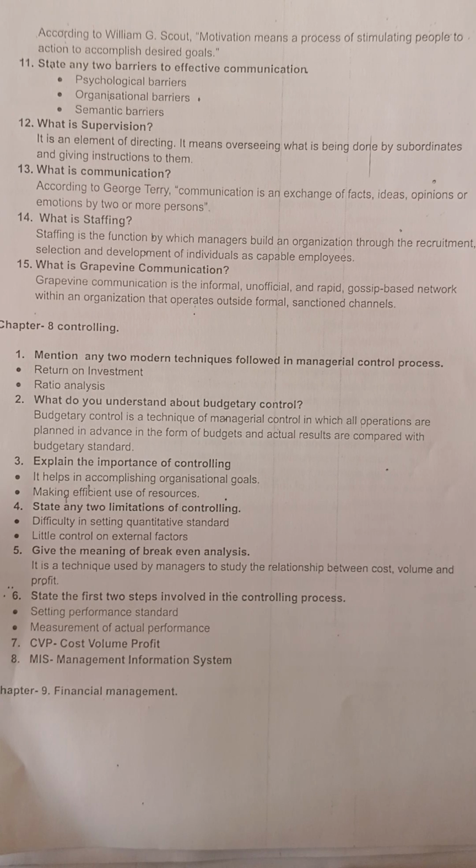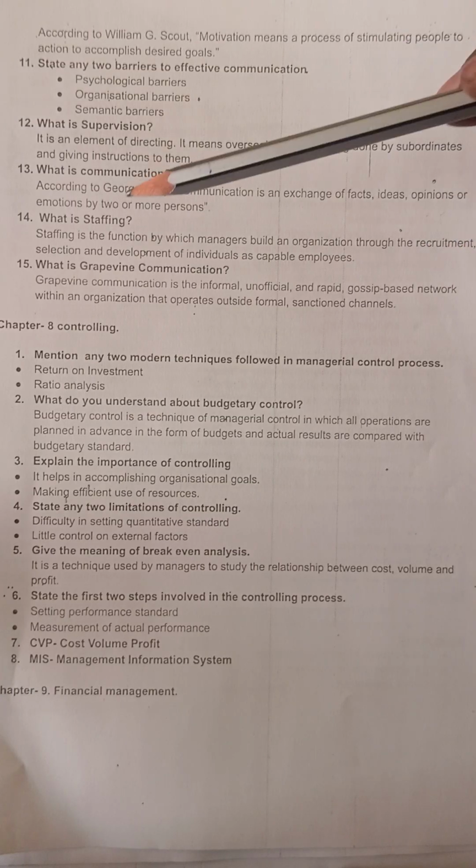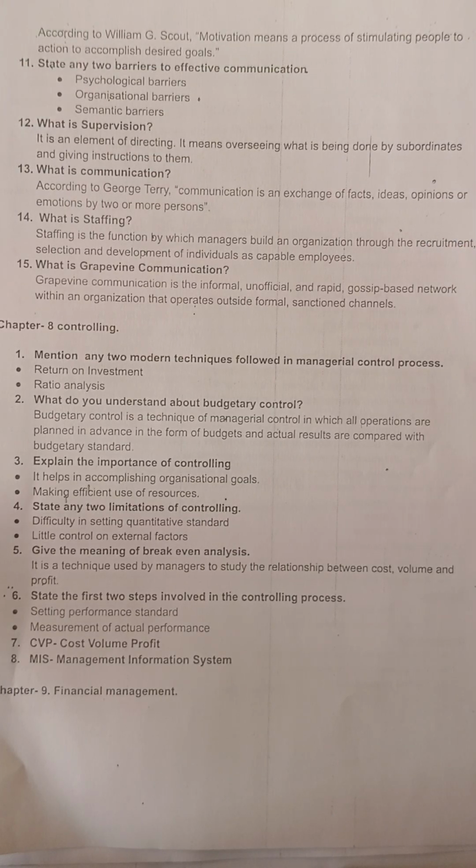Next one, what is grapevine communication? It is the informal, unofficial, and rapid gossip-based network within an organization that operates outside formal sanctioned channels.